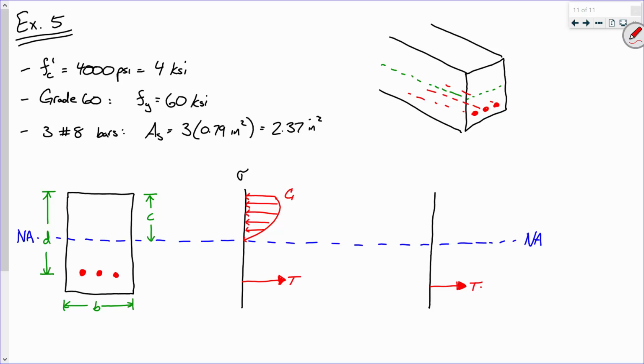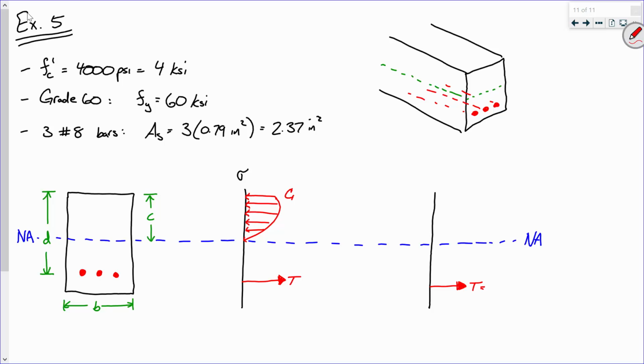So tensile force. Now, you steel design folks can probably guess how we're going to compute the force generated by the steel. But even if you're not in steel design, we're going to assume that the steel yields. So what's the stress? That would be the E, the Young's modulus. But I'm talking about the stress. Like, what stress does it reach? 60,000 psi or 60 ksi.